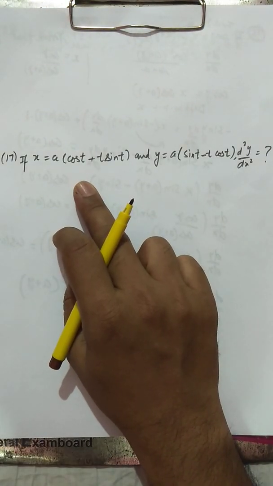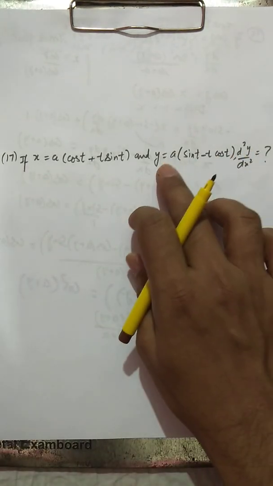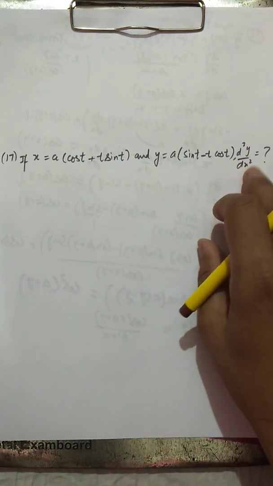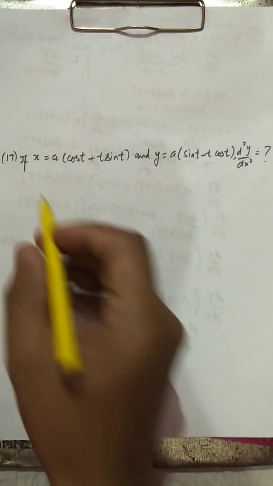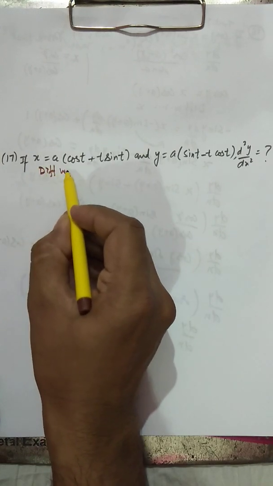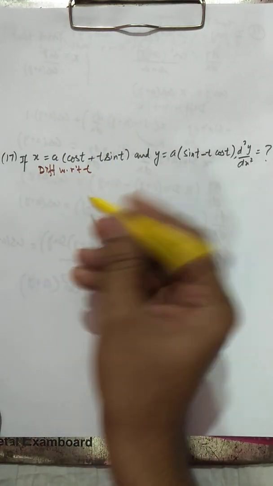This is very important, and it is done wrong by most students, because they can find dy by dx very easily, but they have to exactly find d square y upon dx square. So you see what mistake the student does. I am first differentiating with respect to t, these are parametric functions.